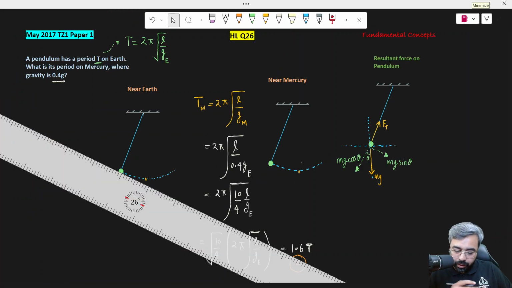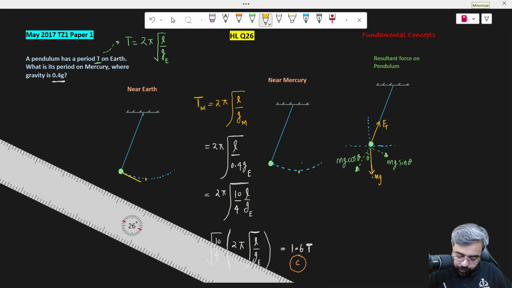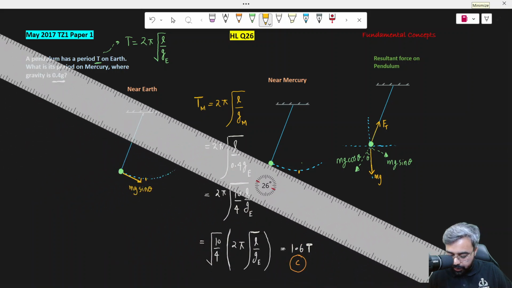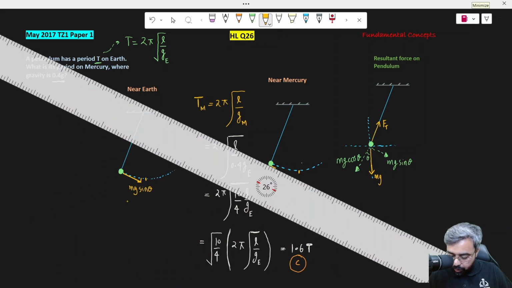I am going to show you a longer arrow for the Earth, because for the Earth that component is more, but for Mercury that component is smaller, 0.4 of it.